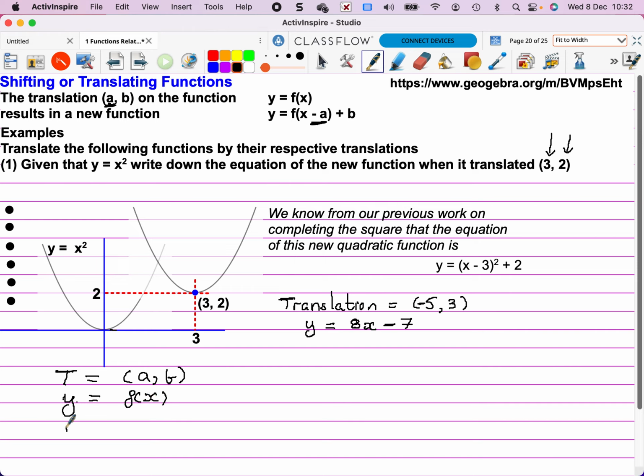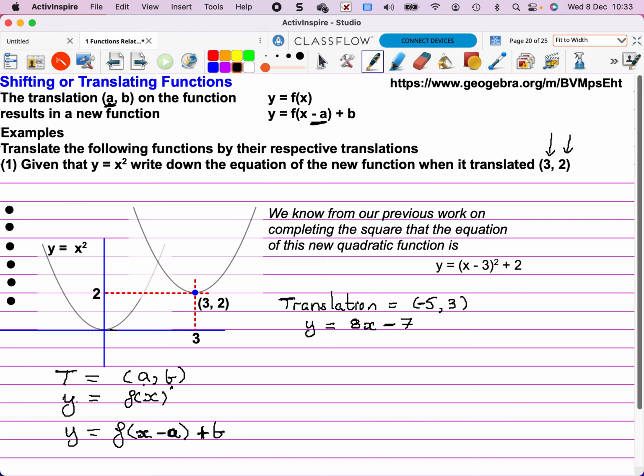And the newly translated function is: wherever you see the x, you put an empty bracket, and inside that empty bracket you replace the x, but then you look at the translation number, and when you move it inside the bracket for the x direction translation number, you change the sign. And the y direction translation number keeps its sign and is written outside.